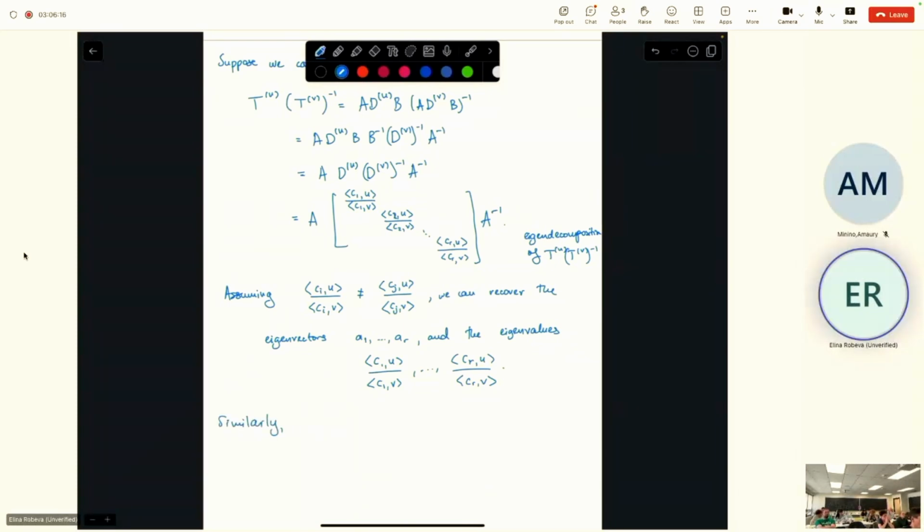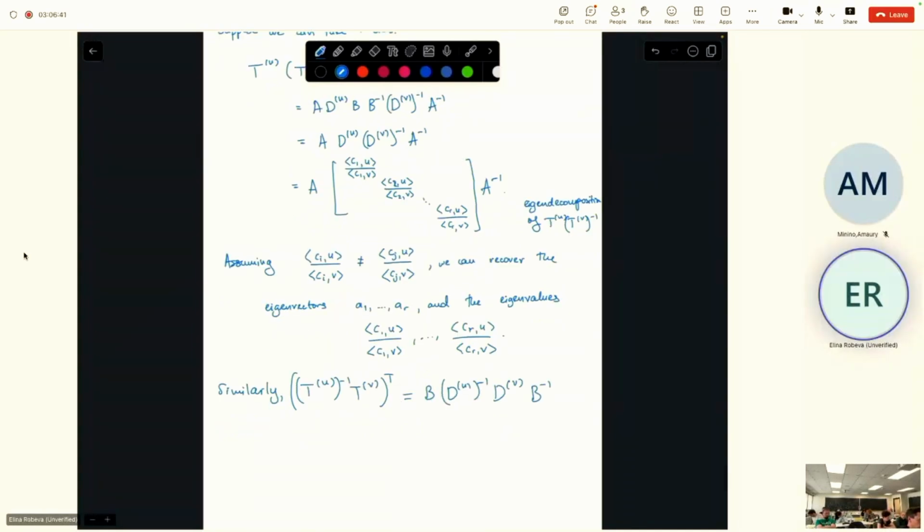And similarly, we can do the other way. If we take T_u inverse times T_v and the whole thing transposed, now you can try to verify this. If you can take inverses, then you will get B times D_u inverse D_v, B inverse.